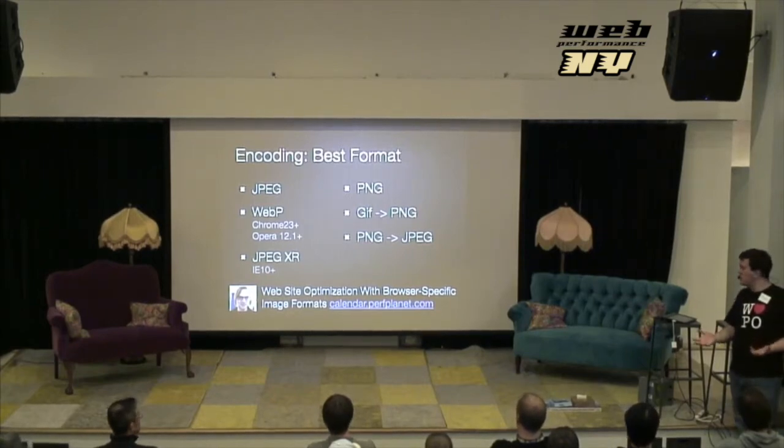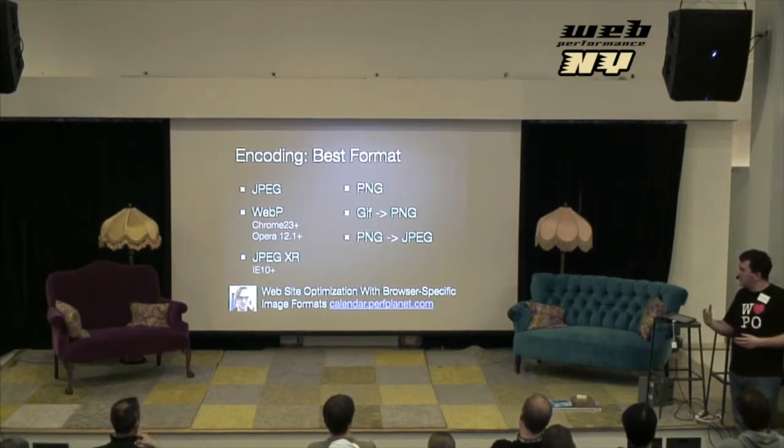The gotcha is, well, it's available in Chrome and Opera in particular versions. And by the way, WebP was available in the earlier versions of Chrome, but support wasn't as good, right? At least not all the features were available. Same thing goes for JPEG XR. It's Microsoft's alternative to JPEG, or at least the alternative that was advertised a lot by Microsoft.